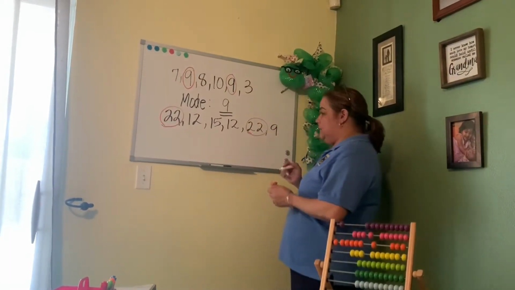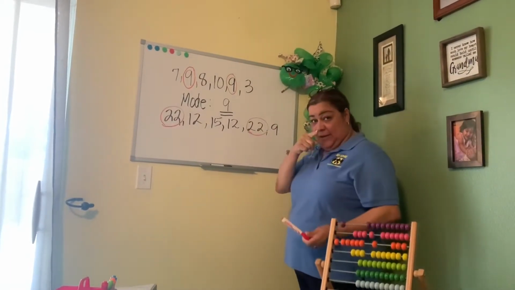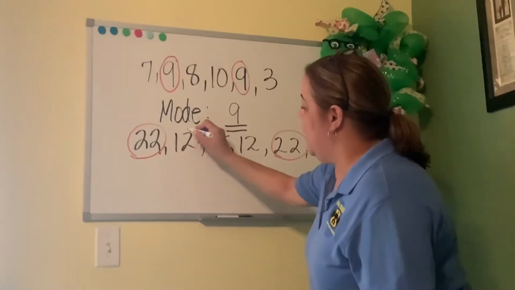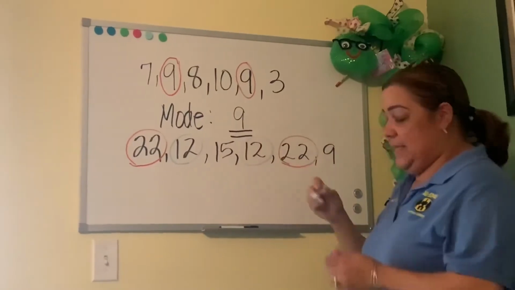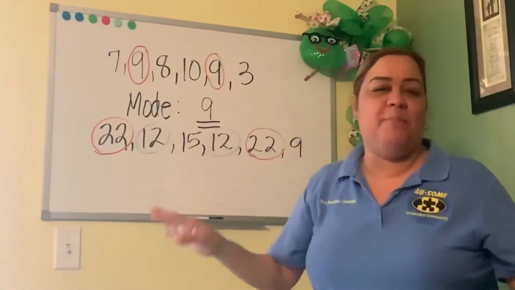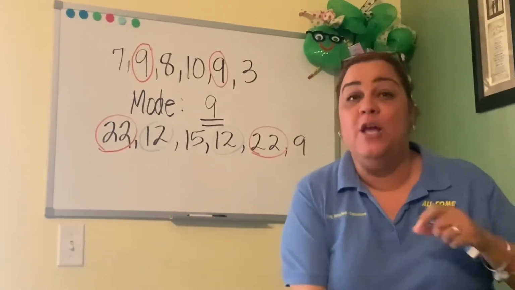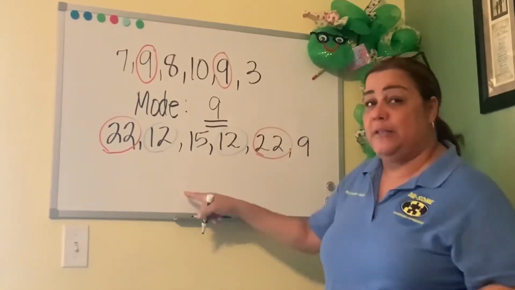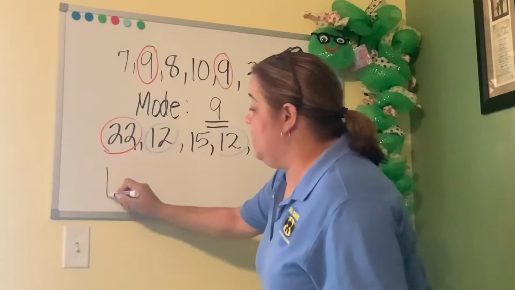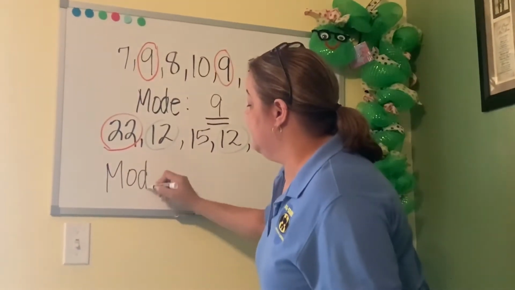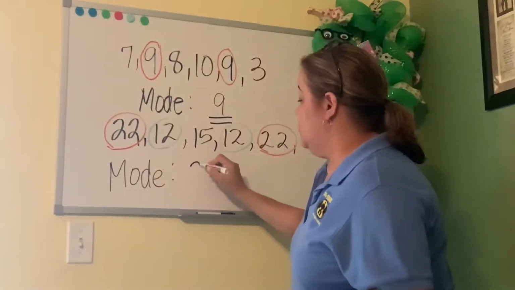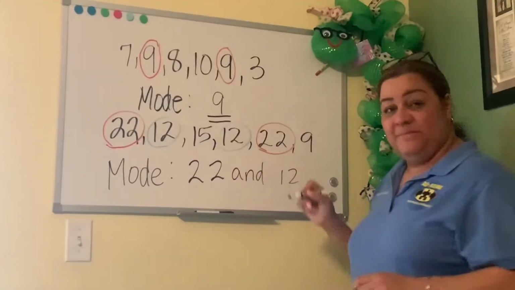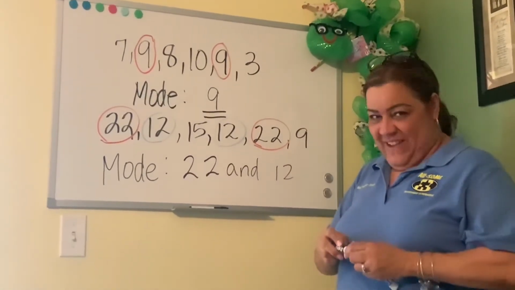Oh, wait a minute. Do you see what I see? I also see 12 once and twice. That's not a problem. Do not worry. You can have more than one number. So for this particular data set, your mode will be 22 and 12. You get it? Very good.